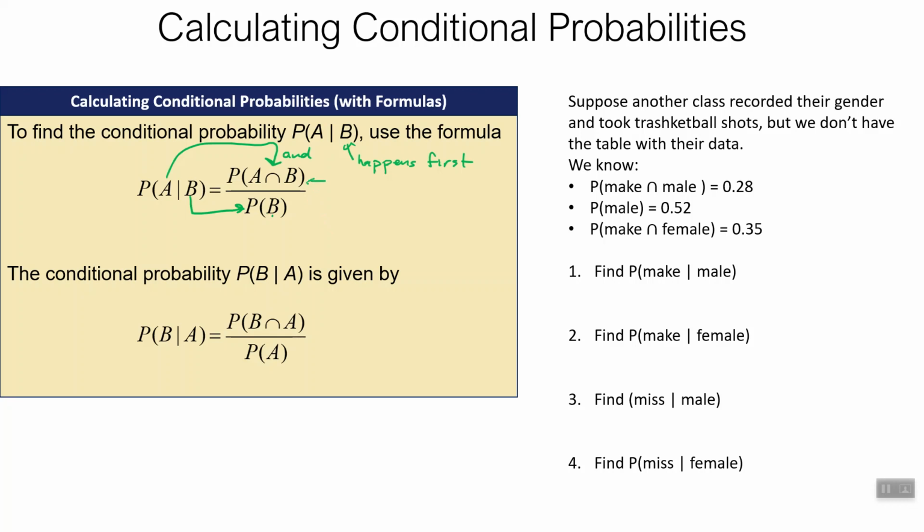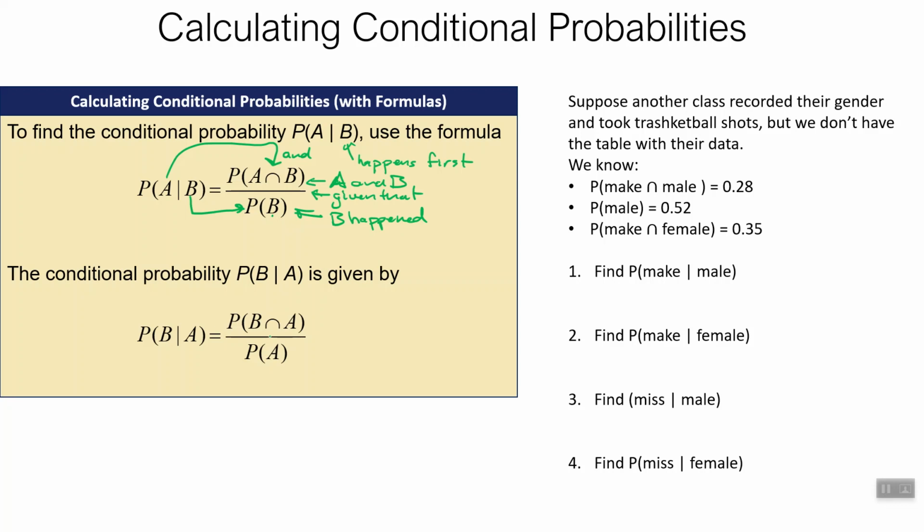This is A and B. Here's our given that line, the fraction bar, given that B happened already.